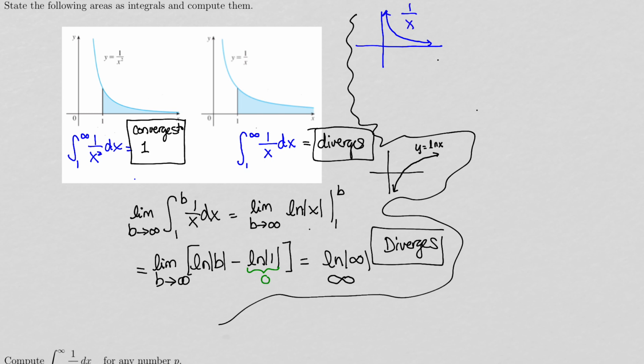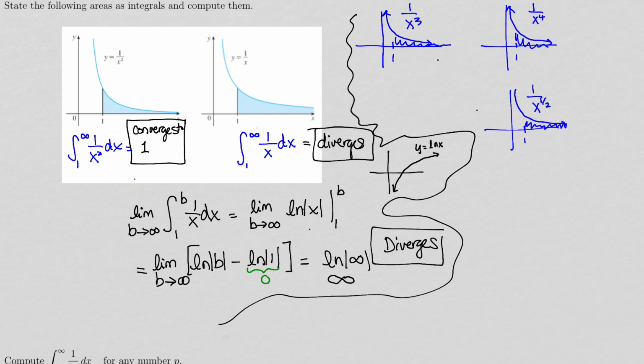What about 1 over x cubed? What do you think about 1 over x to the 4th? What do you think about 1 over x to the 1/2 power? 1 over the square root of x.